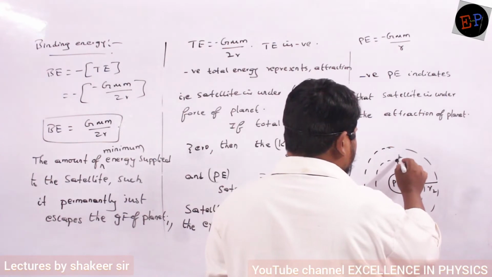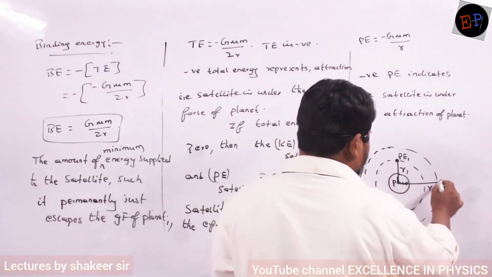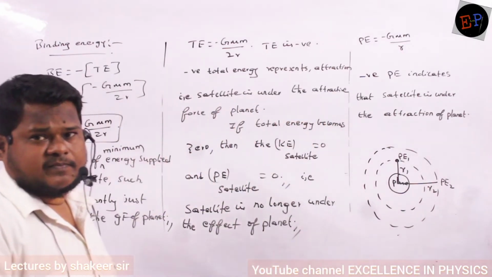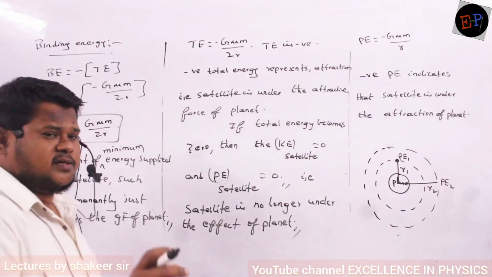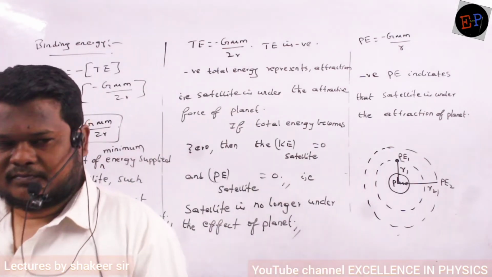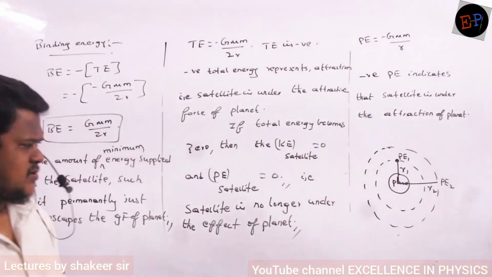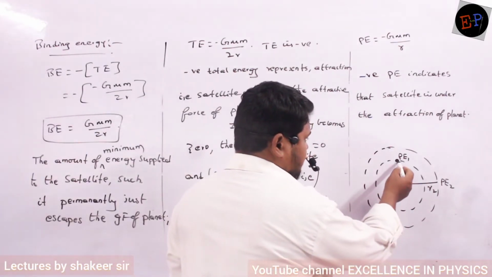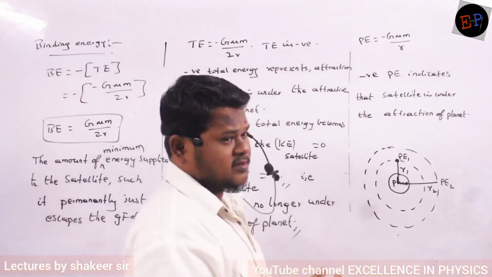Potential energy of this orbit is PE1, potential energy of this orbit is PE2. Now can you say which orbit has the highest potential energy? First orbit or second orbit? First orbit. How can you say? Distance is lesser, so you are saying that potential energy is greater.